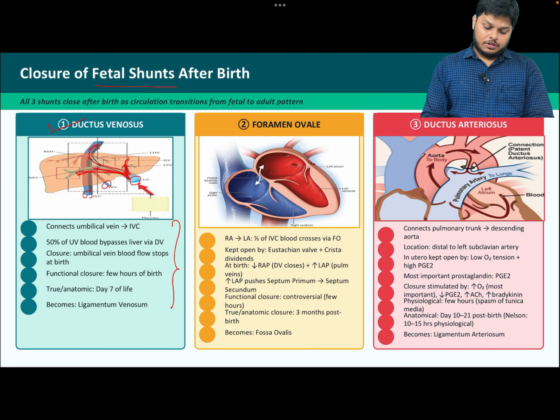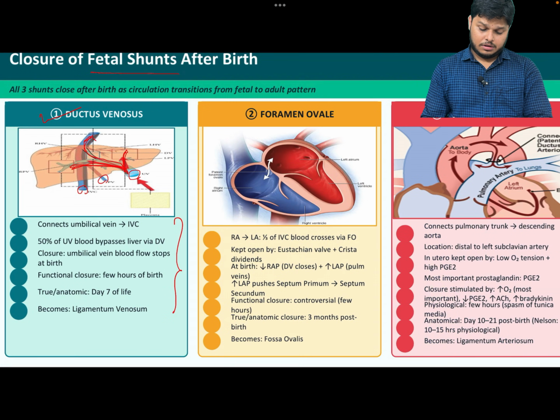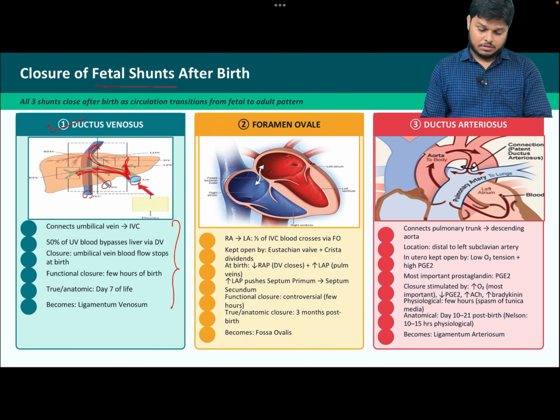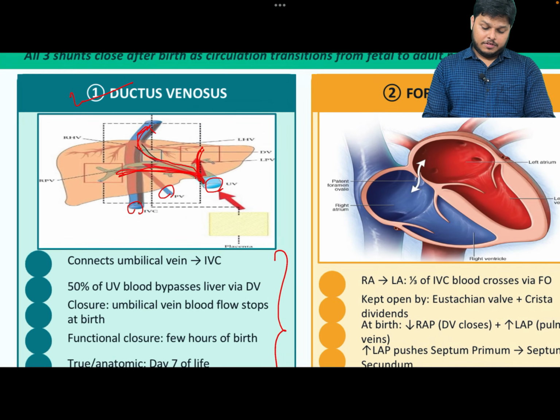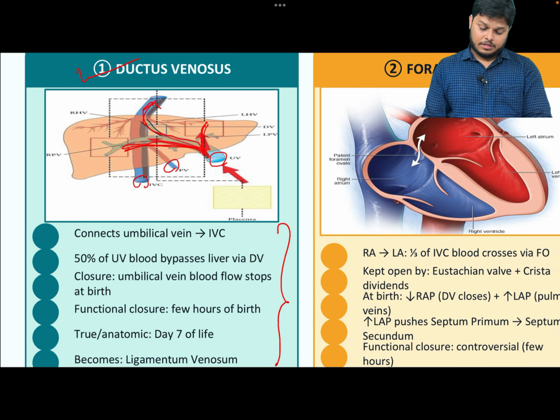The ductus venosus connects the umbilical vein with the inferior vena cava. Understood? 50% of the umbilical vein blood bypasses the liver via this part. I am zooming in. 50% of the blood bypasses the liver via the ductus venosus.